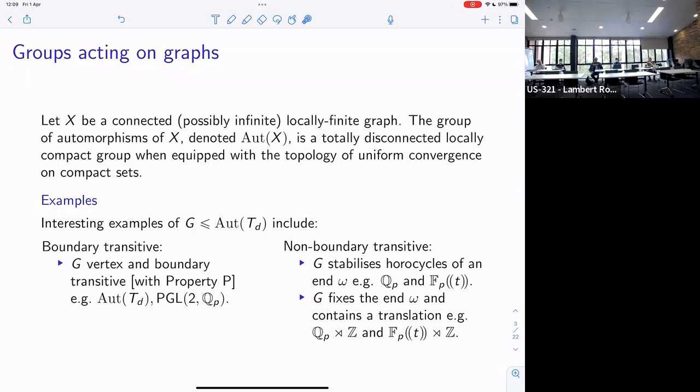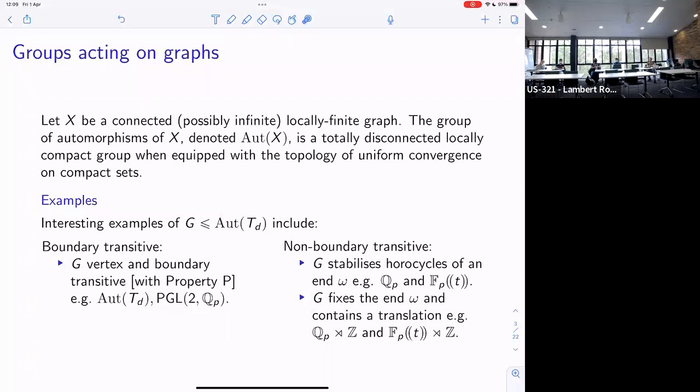And from a representation theoretic perspective, there's two classes of interesting subgroups of the automorphism group of a D-regular tree. So there are the automorphism groups that act transitively on the boundary of that tree, and the automorphism groups that don't act transitively on the boundary.